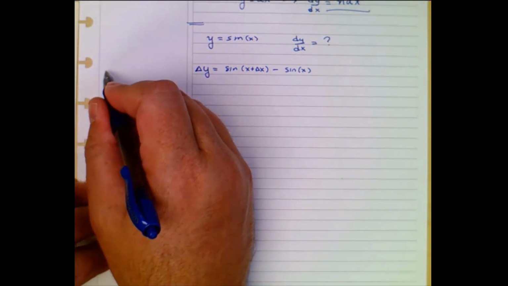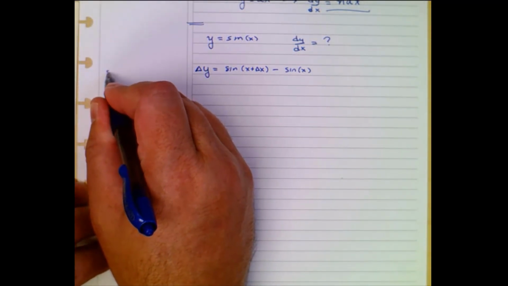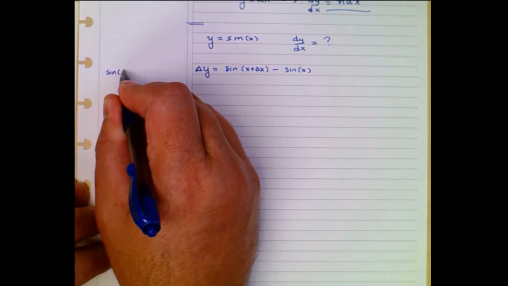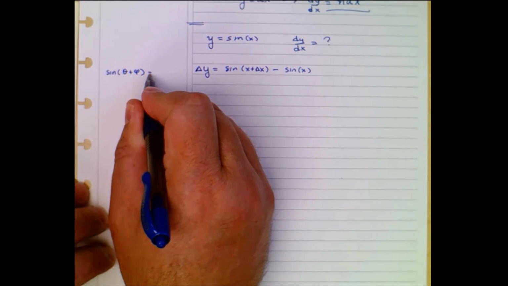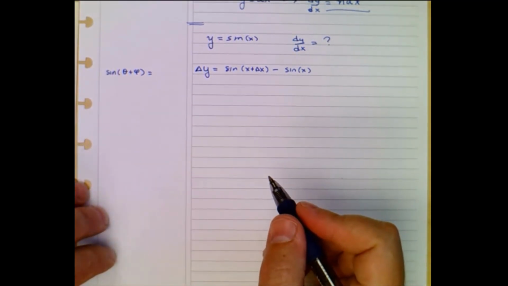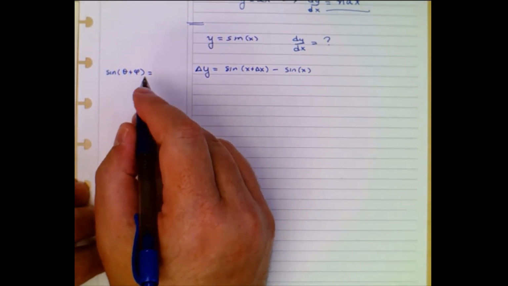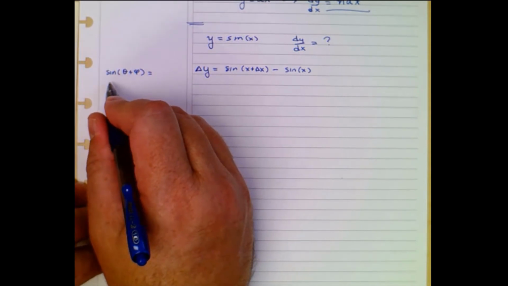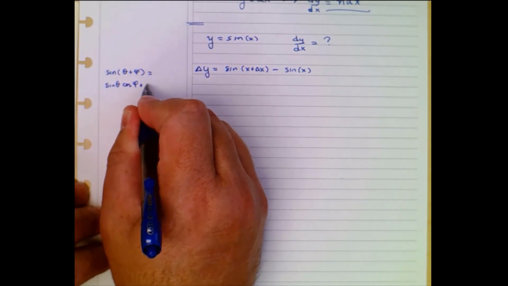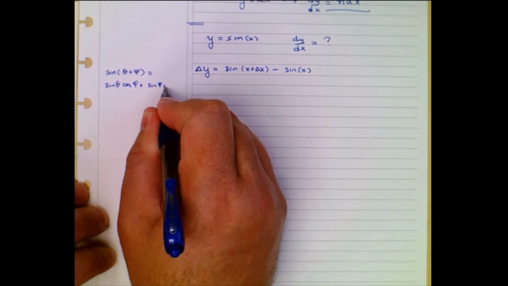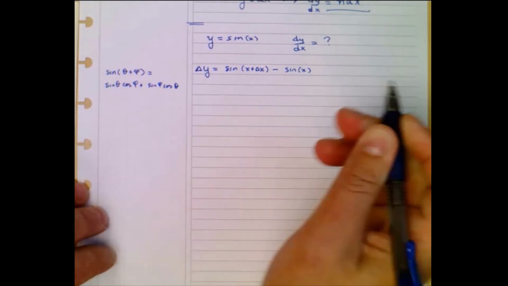We need to use a trig identity here for the sine of the sum of two angles. You'll recall from your pre-calc or trigonometry days that sine of (theta plus phi) is sine theta cosine phi plus sine phi cosine theta.